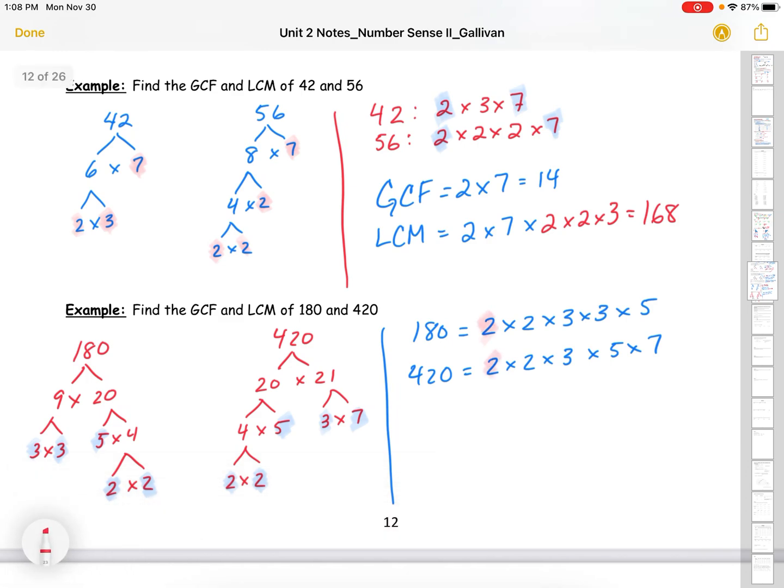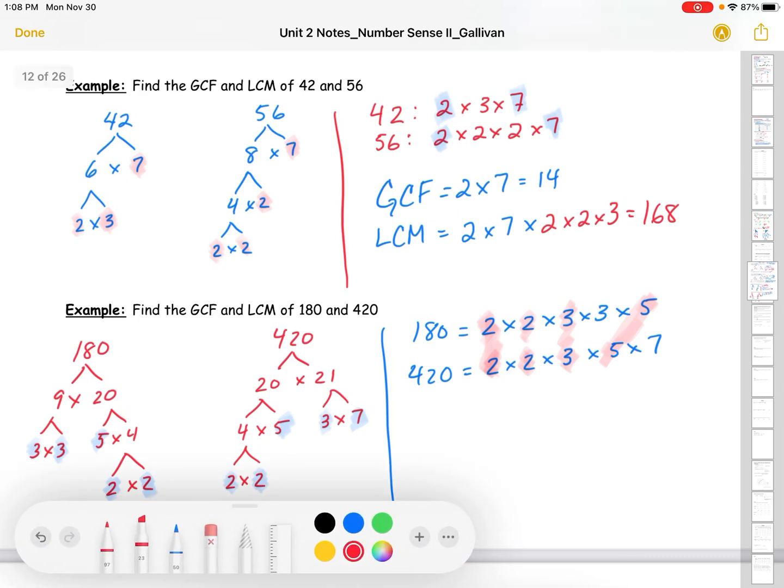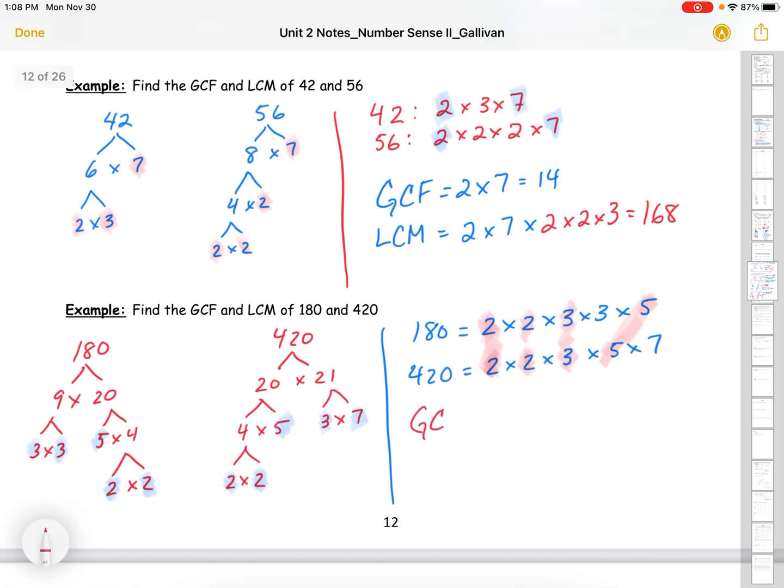Okay, I have a 2 and a 2, 2 and a 2, 3 and a 3, and a 5 and a 5. Alrighty, so for my GCF, it's what matches. 2 times 2 times 3 times 5, which equals 60 when I multiply that.